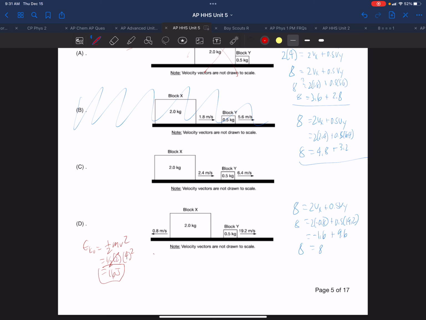So let's try choice C. We have 1/2 mv squared plus 1/2 mv squared. 1/2 the mass of 2 and the speed of 2.4 plus 1/2 of 1/2 times its speed, which is 6.4 squared. So we're left with 2.4 squared plus 1/4 of 6.4 squared.